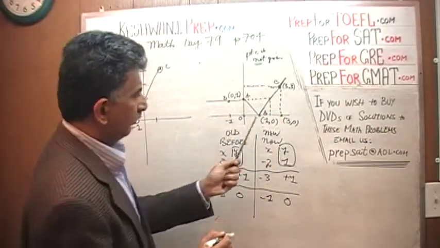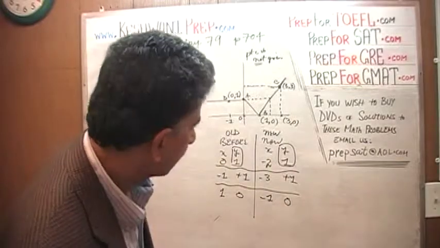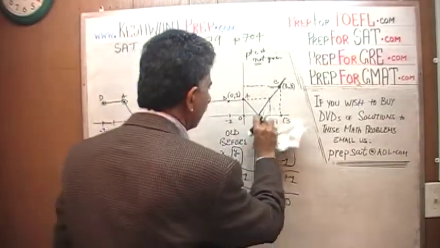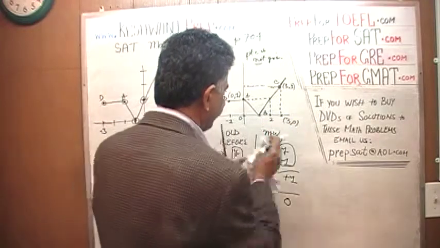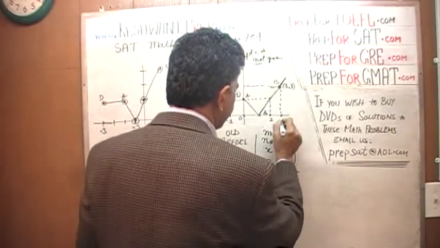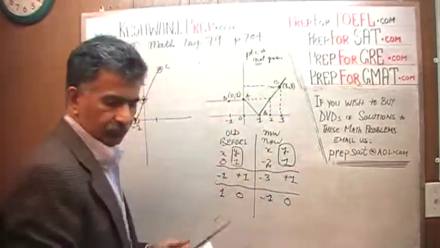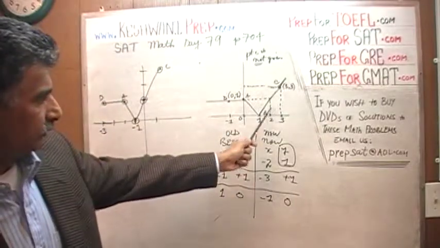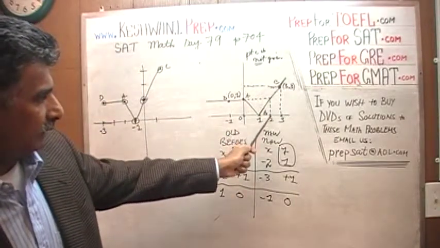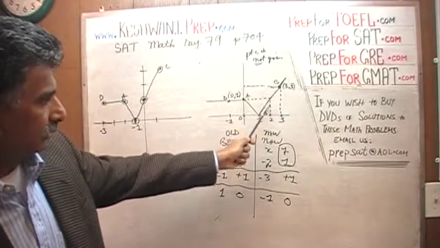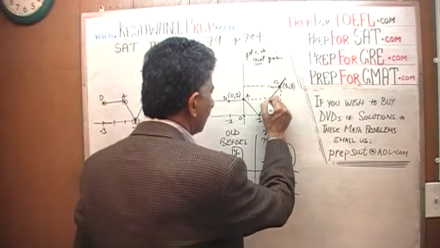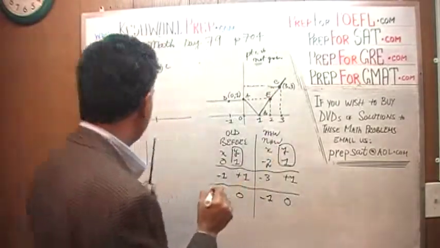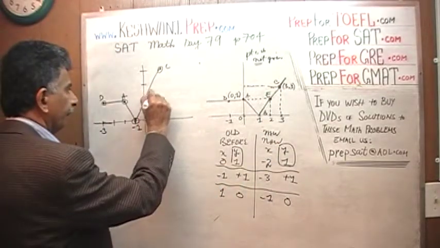When x is 2, it's getting too crowded. See here? This is 2. That was 3. This was 1. So before, when x was 2, y was 1. Now the same value we see here, when x is 2, y is 1. Let's give this point a name. Let's call it E. That point E shows up here.